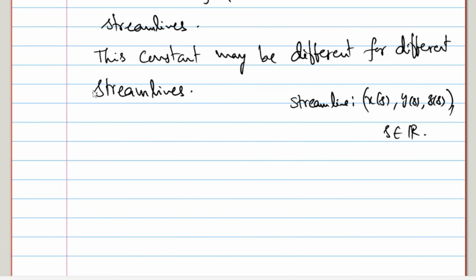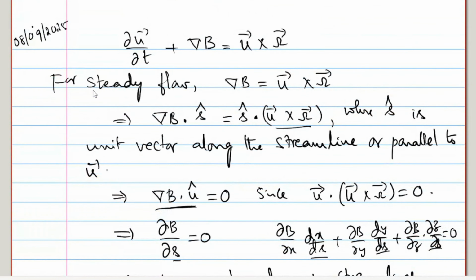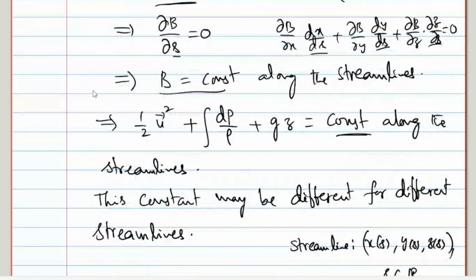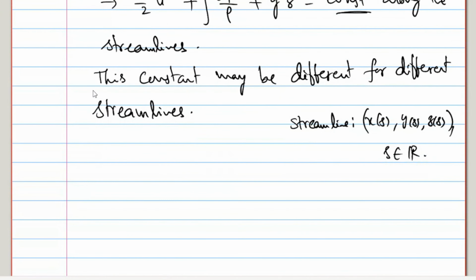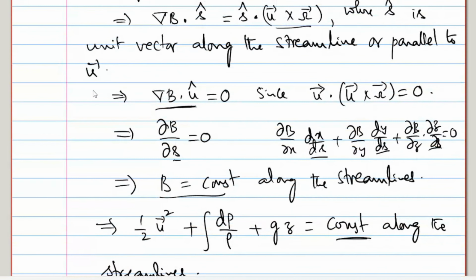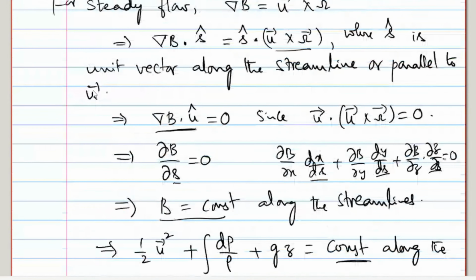If you consider incompressible and irrotational flow, that B will give you, along with a time derivative also, so you need not have steady flow. Last class you have seen that you already got the Bernoulli equation. Here, because we are not able to do anything in this case, this B is called the Bernoulli function. That's why, to do something, we consider only steady flow.